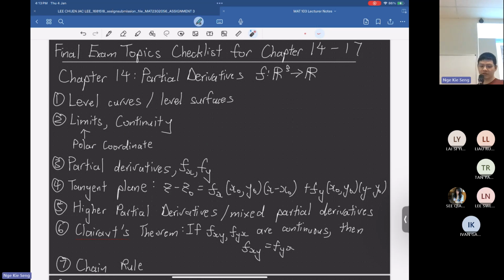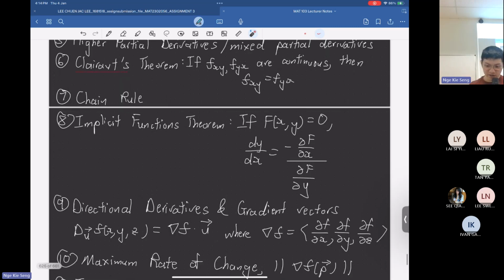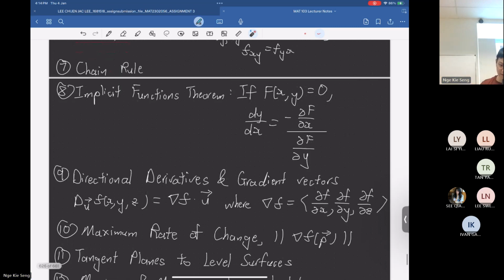That's what we started to discuss just now: what is the tangent plane? And then you can differentiate more times, which gives the mixed partial derivatives. Then you have met Clairaut's theorem: if fxy and fyx are continuous, then they are the same. And then we did some chain rule and the implicit function theorem.